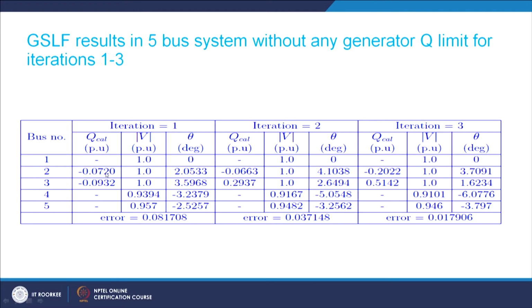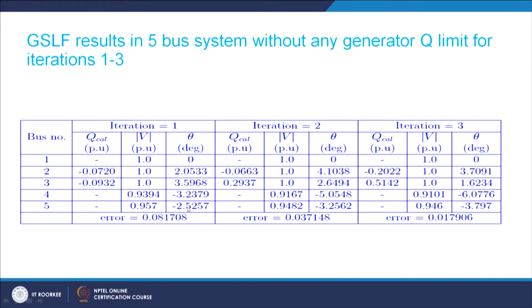Now, our limit is minus 5 per unit to plus 5 per unit. So, obviously, these two values are well within their limit. Therefore, their voltage magnitudes are maintained at 1.0 per unit, which is their specified value, and their angles are recalculated. And for bus 4 and bus 5, both voltage magnitudes and angles are recalculated, and the error is calculated by the basic process. You see that this is quite high.